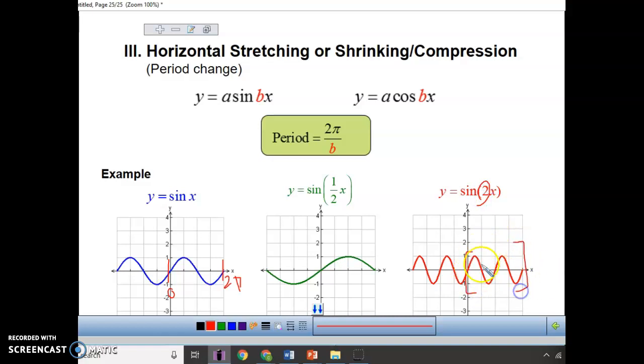So you will notice you now have 2 relative max areas, and you will have 2 relative min areas. So what just happened is you cycled through the sine graph twice. Once here from 0 to pi, and once here again from pi to 2 pi. So you have 2 full graphs here.